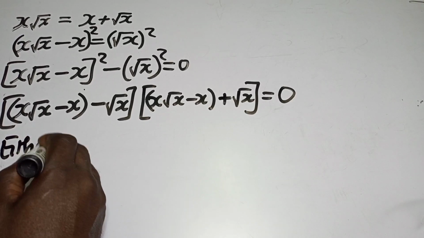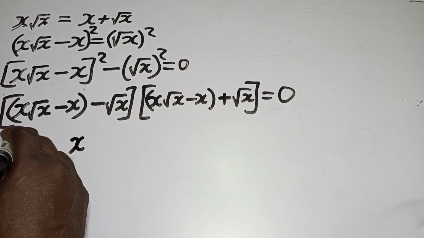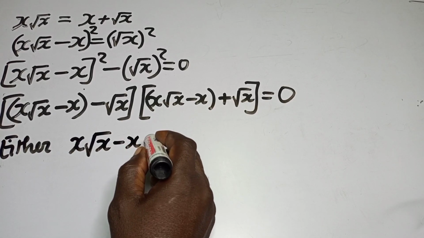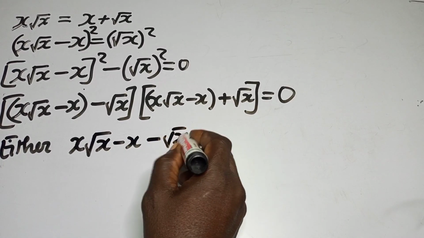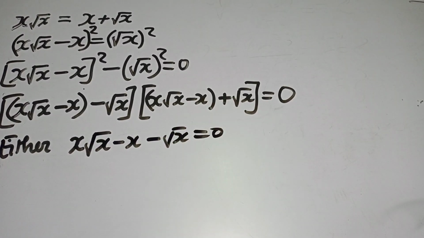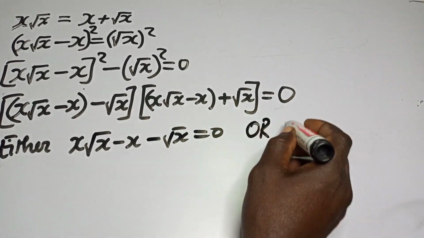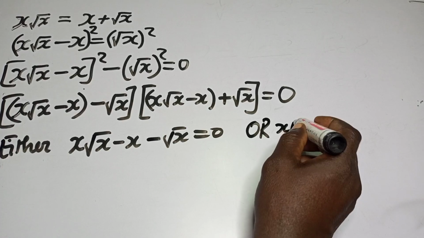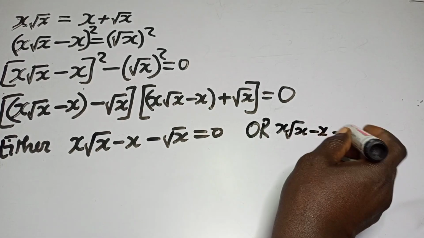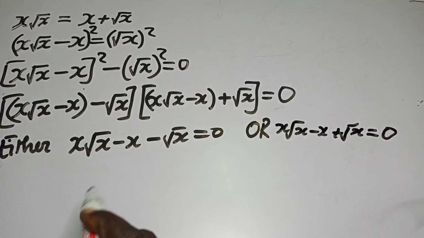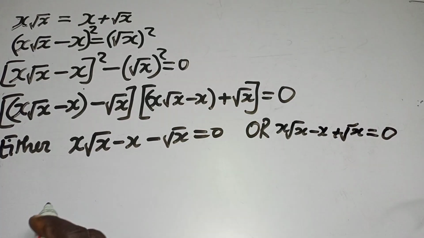So either x root x minus x minus root x is 0, or x root x minus x plus root x is 0. We have these two cases to solve.